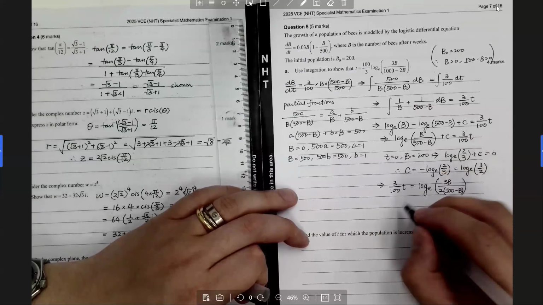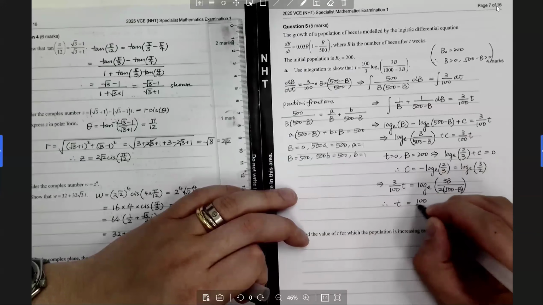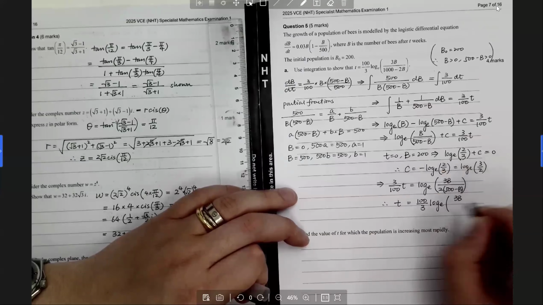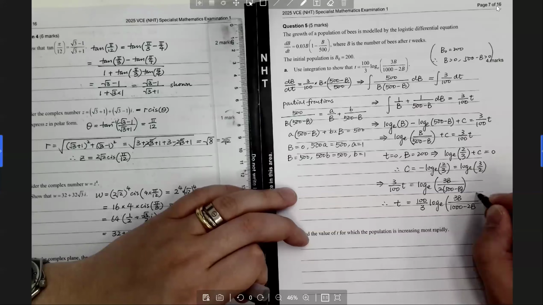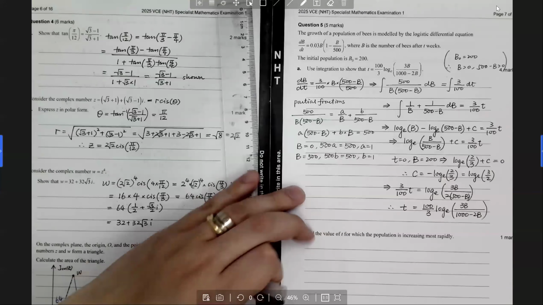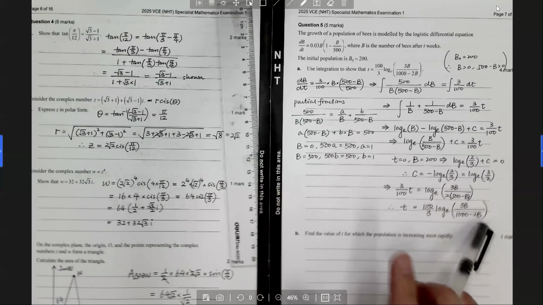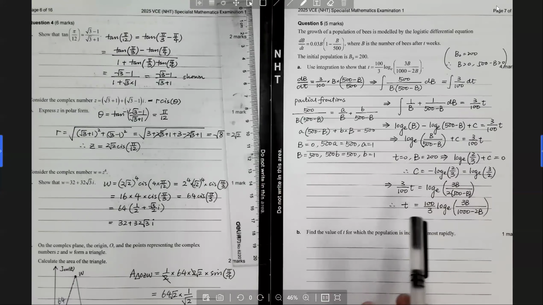And then t equals 100/3 log_e of 3B divided by (1000 minus 2B). Okay? I'm glad this question didn't ask for rearranging to get B in terms of t. That will be another layer of consideration, but I'll just stop here for part A.